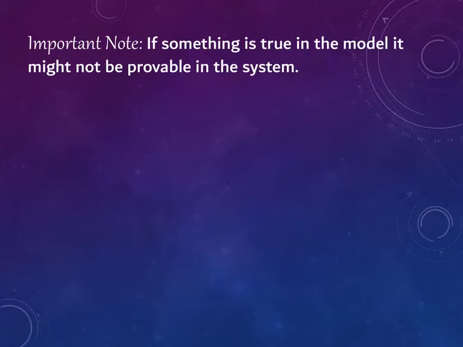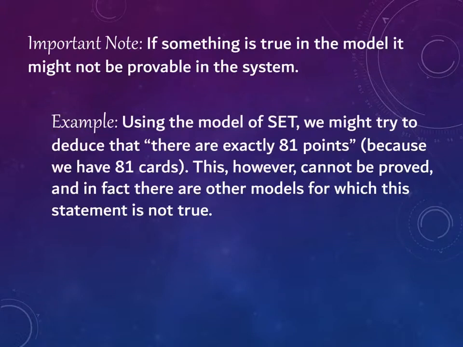An example of that is, we didn't count them, but using the model of set, there are actually 81 cards. So you might be led to think that any incidence geometry would have 81 points, just because set has 81 cards. And that's actually not a true statement.